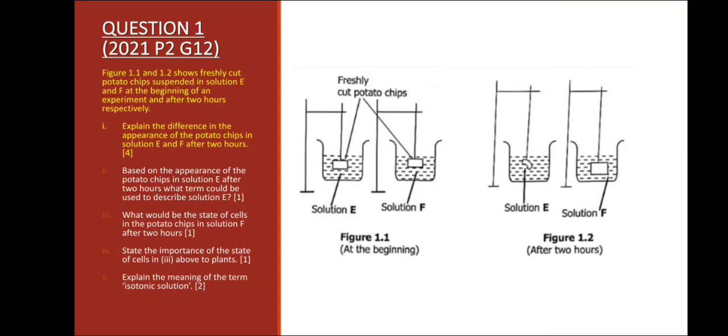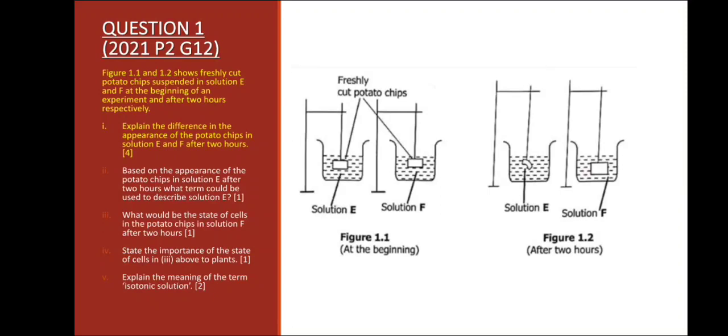Hypotonic solution will cause a cell to increase in size, and hypertonic solution will cause a cell to decrease in size. In short, it will cause a cell to shrink. And isotonic solution does not have any effects on the cells, whether a plant cell or an animal cell. So let's now use that information as we are answering these questions.